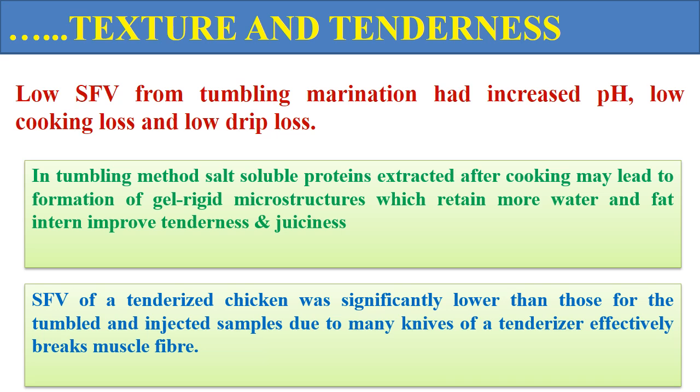So this is comparatively more tender than the tumbled and injected methods. I told three methods: one is tenderization, one is tumbling, another is injection. In tenderization, a large number of knives pierce, then it goes for marination, so that has the lowest shear force value or more tenderizing effect than tumbling and injection methods.